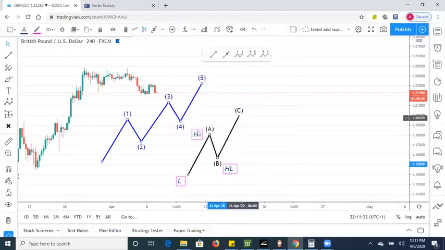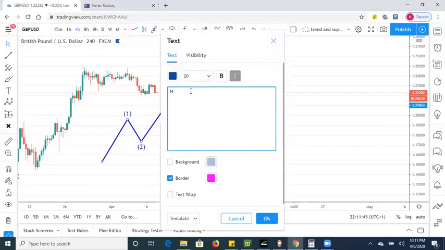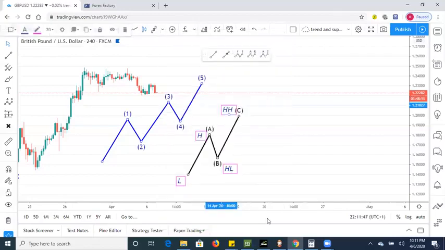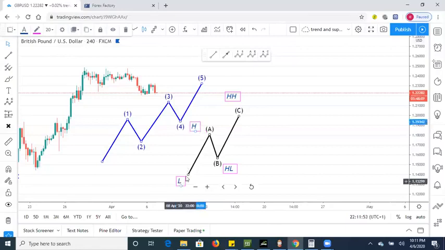Point C is actually higher than point A. So that gives us a higher high right there. We have a higher high. So to establish an uptrend, you have to see two highs and two lows, right?